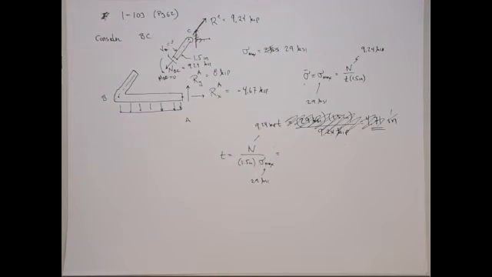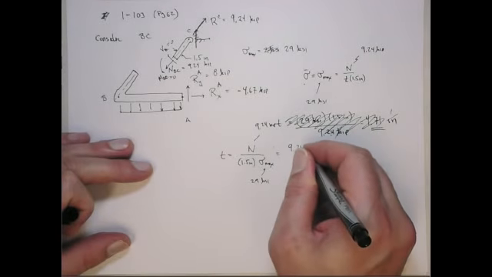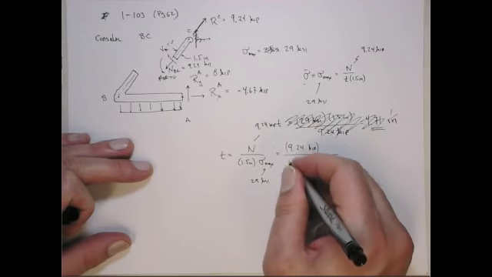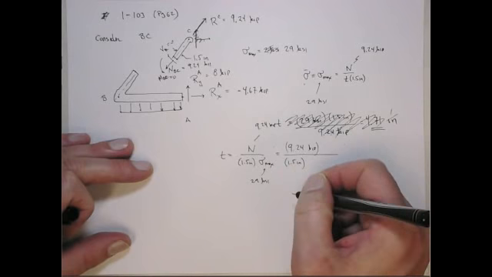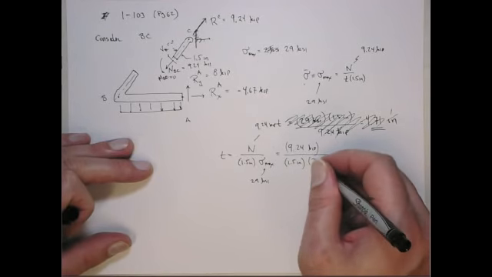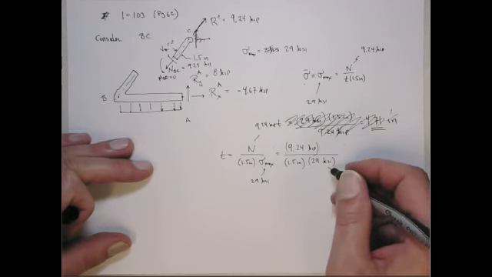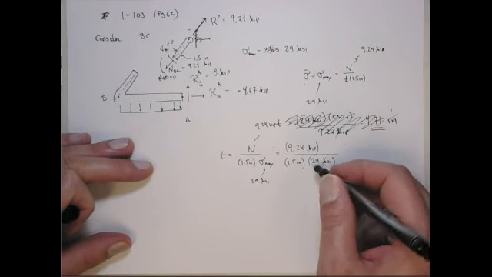So you can plug through the numbers. 9.24 kip over 1.5 inches times 29 KSI. All right. So pounds, the pounds will cancel out, the K's cancel out.